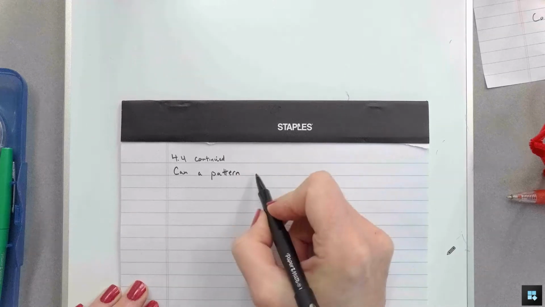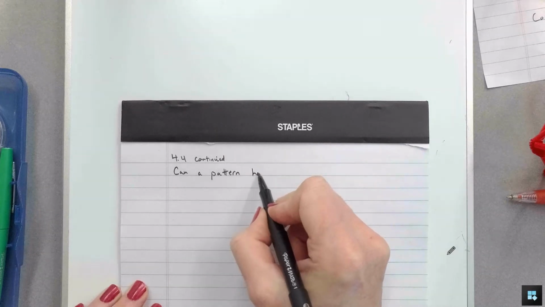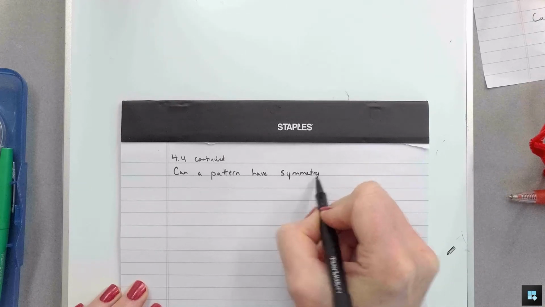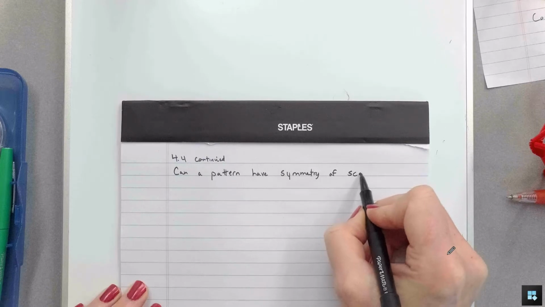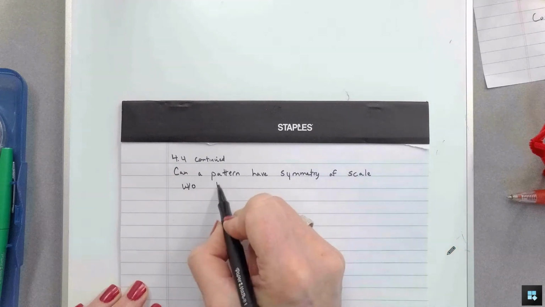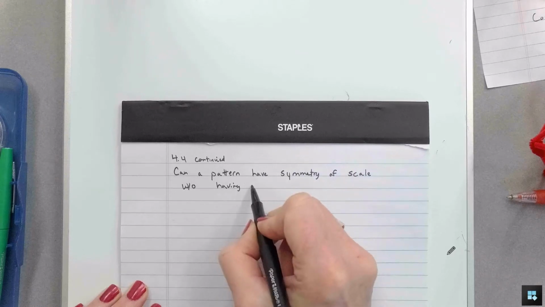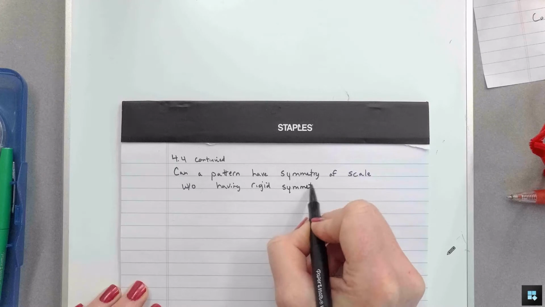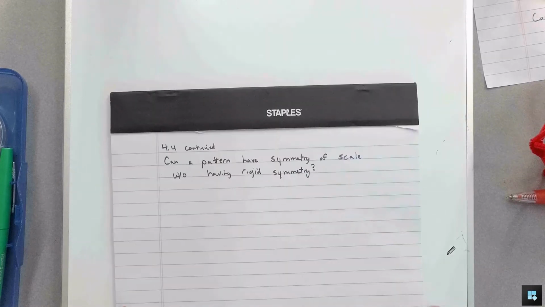Can a pattern have symmetry of scale without having rigid symmetry?